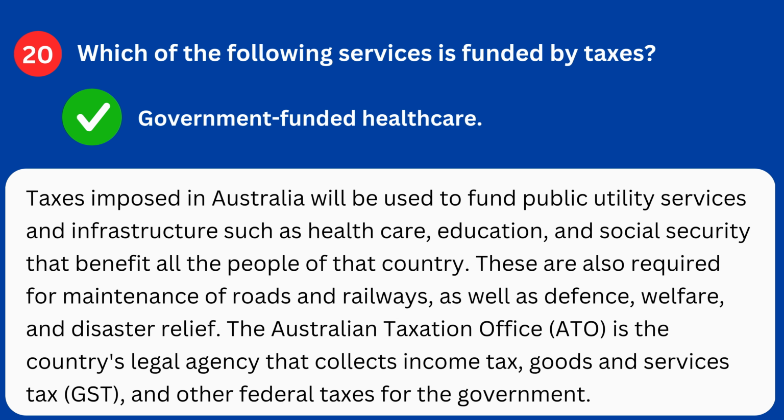These are also required for maintenance of roads and railways, as well as defence, welfare, and disaster relief. The Australian Taxation Office, ATO, is the country's legal agency that collects income tax, goods and services tax, GST, and other federal taxes for the government.